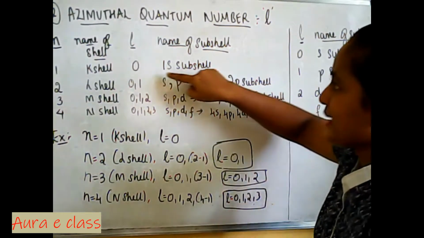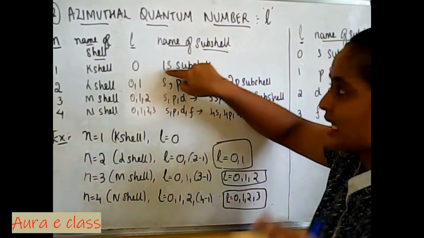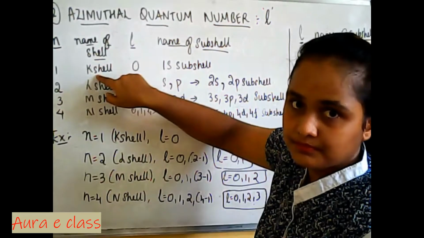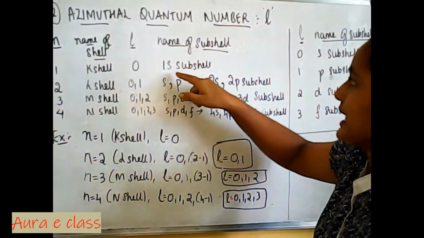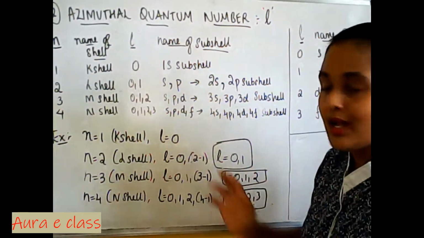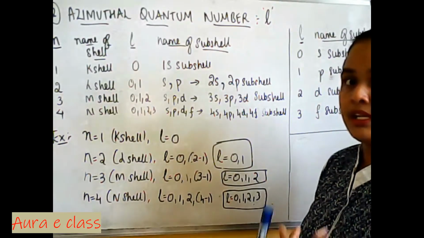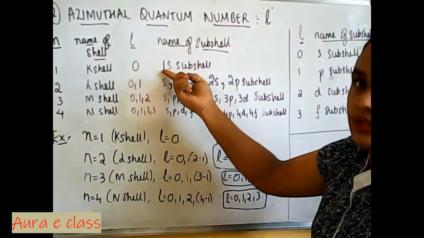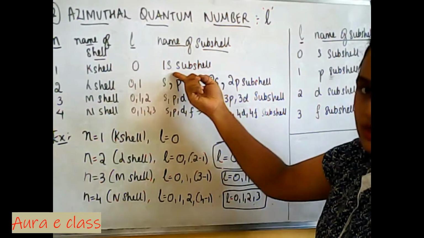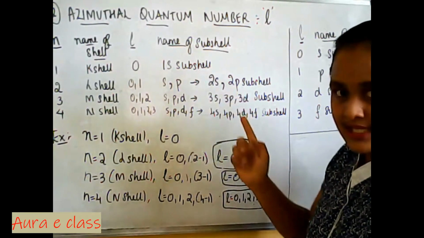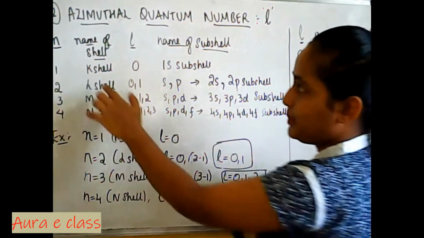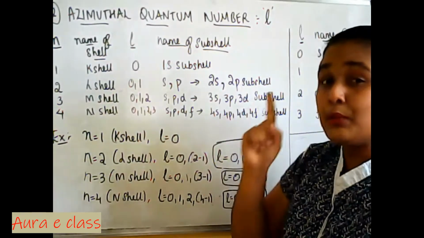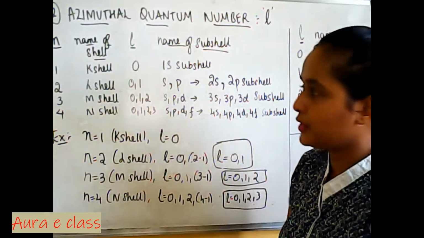So whenever I say 1s, that means it is a subshell which belongs to K shell. Suppose if I say s subshell, you will never know to which shell it belongs. So to make it more particular, we are writing the principal quantum number and then the subshell. Now whenever I say 1s, we can immediately say that it belongs to K shell, and K shell has only one subshell. That you have to remember.